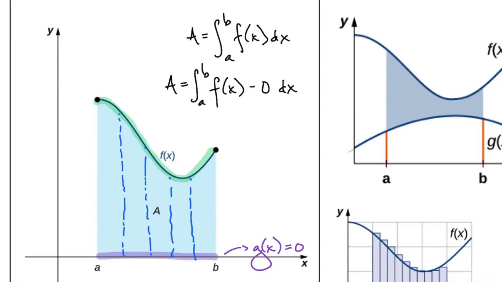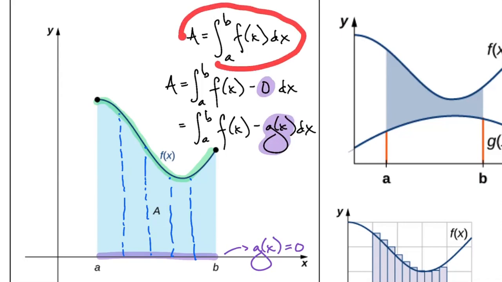In other words, this whole time you've really been doing the integral from a to b of f of x minus g of x. We've just been looking at a very special case where g of x happens to be 0, and because it's 0, we never needed to write it. That's why we had this simpler looking integral.